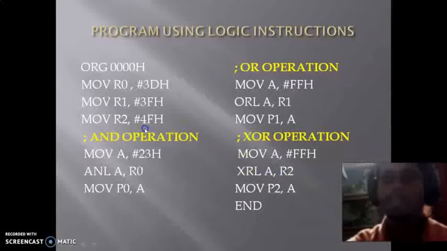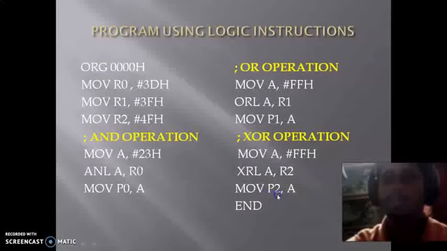Next is the XOR operation. FF is stored into the accumulator, and XRL A, R2. It means 4F is stored into R2, and the XOR operation is done between the content of A and the content of R2, and the result will be stored into the accumulator, and we send the result to port 2.